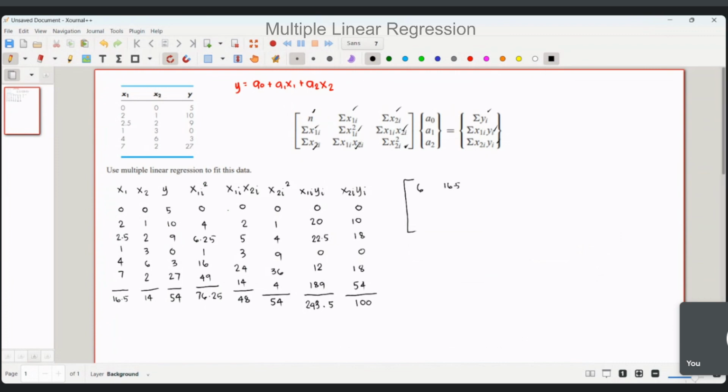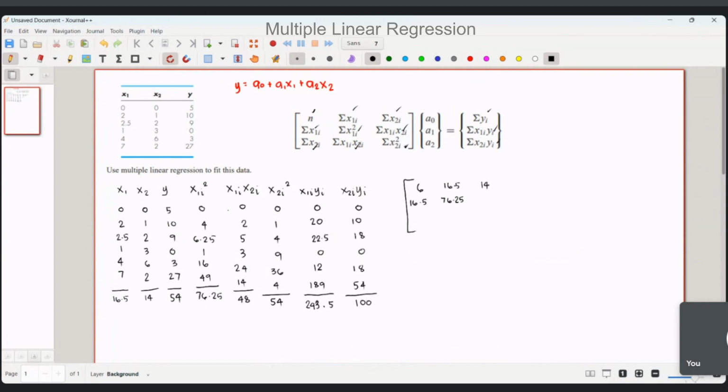Summation of our x2i, that's 14. And then summation of our x1, 16.5. Summation of our x1 squared, that's 76.25. Are you following?